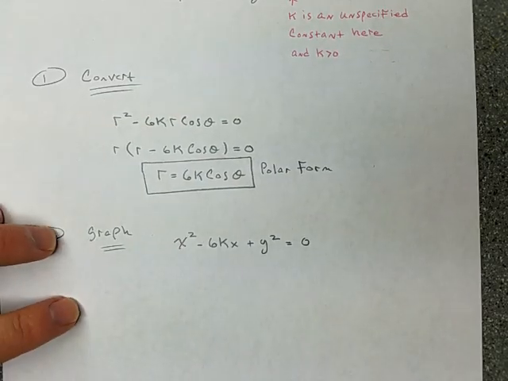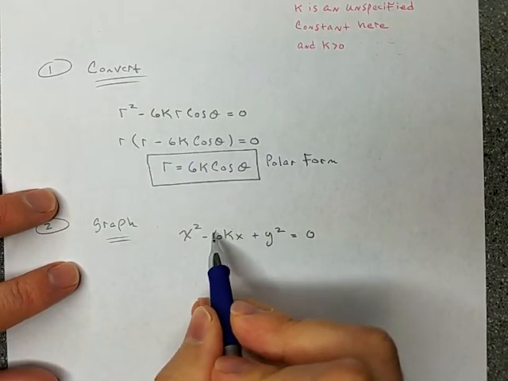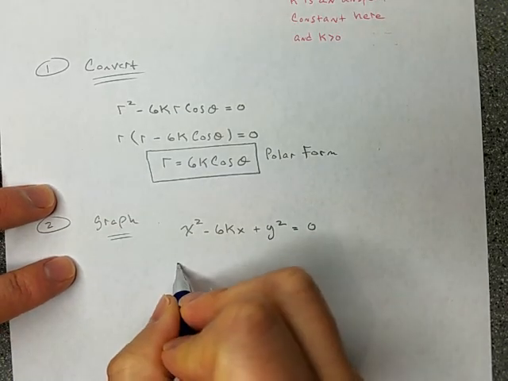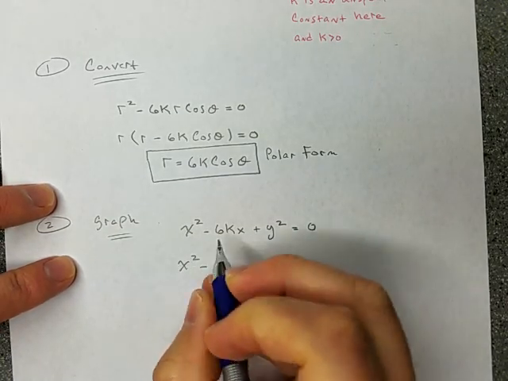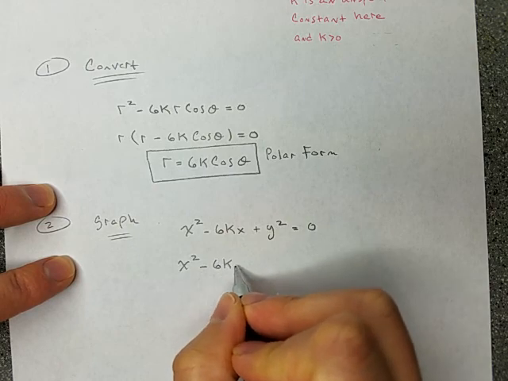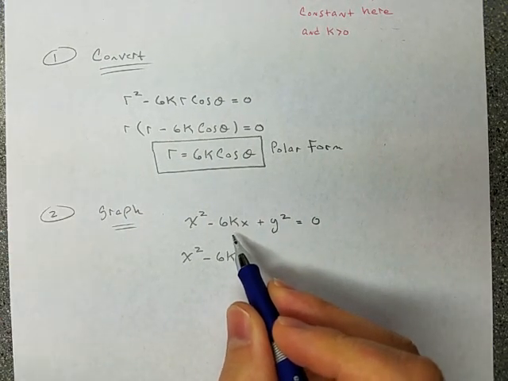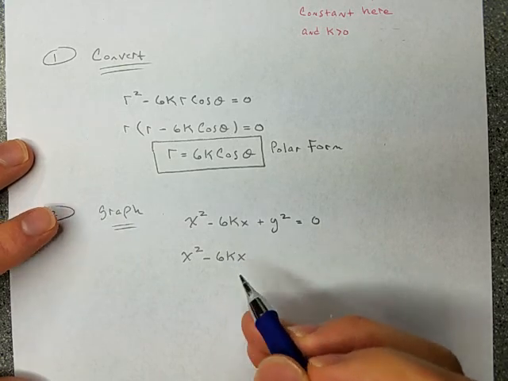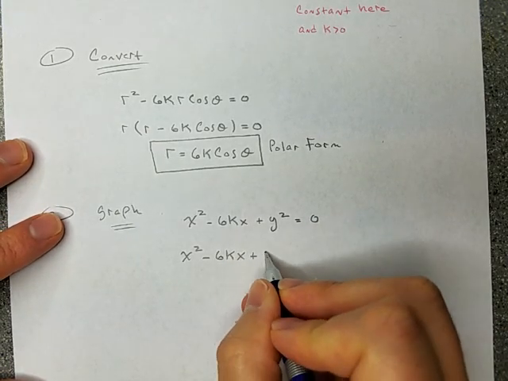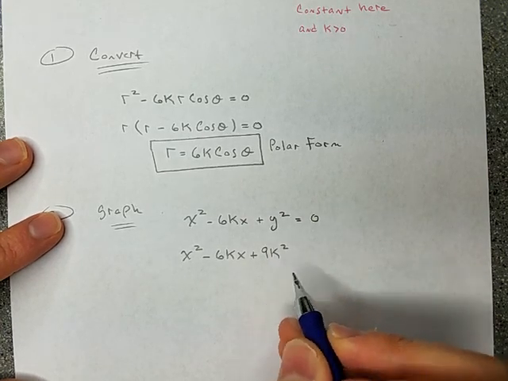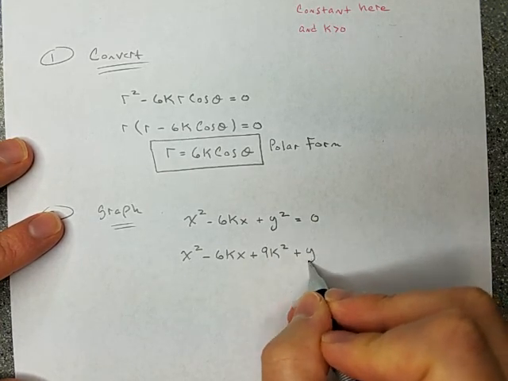So I need to take half of that coefficient, square it, and add it to both sides. What's half of 6k? It's going to be 3k. And if you square it, you'll get 9k squared. So I'm introducing that on both sides.